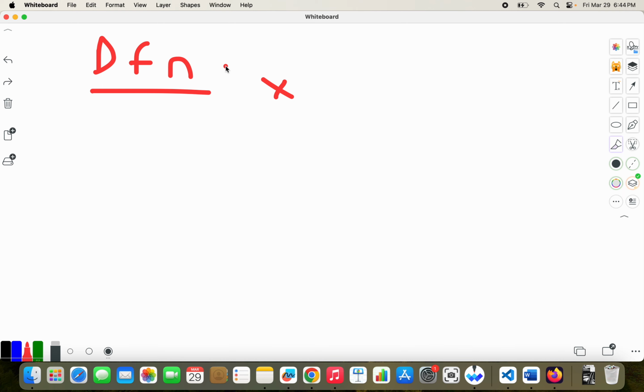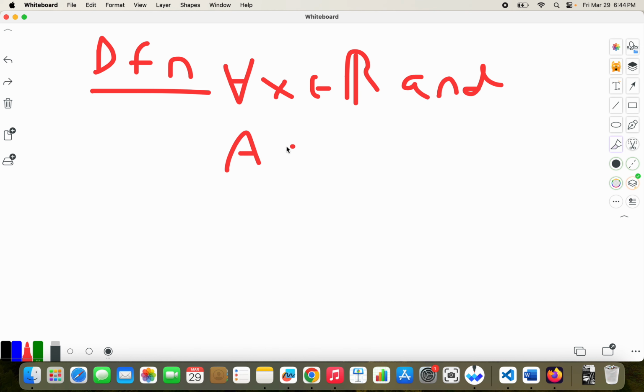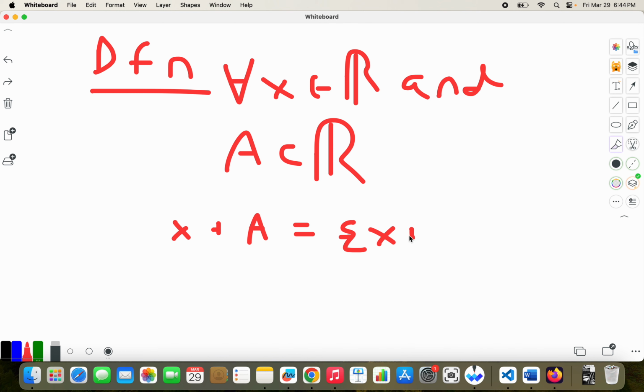For all x real numbers and A a subset of real numbers, we define x plus A to equal the set of x plus a, where a is an element of A. So basically it's like scalar addition.